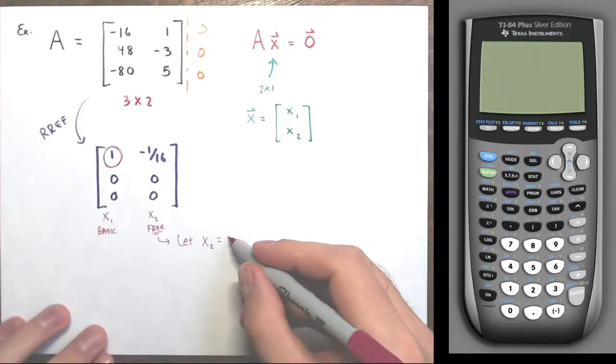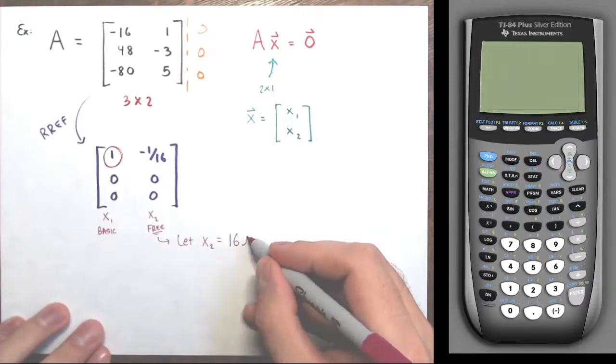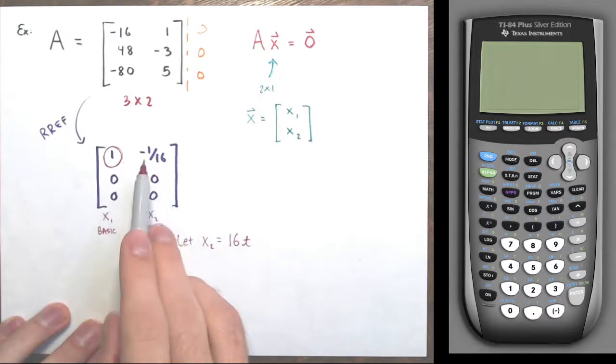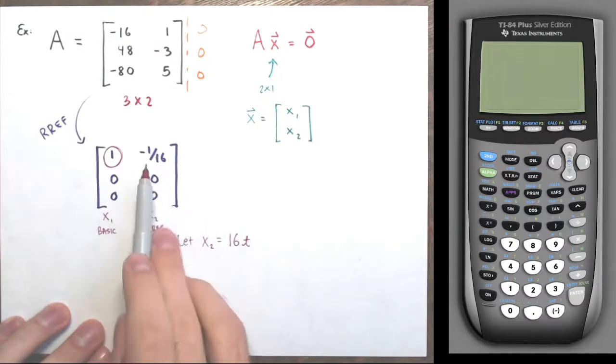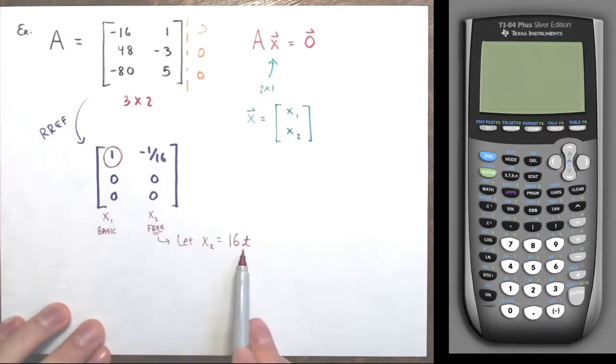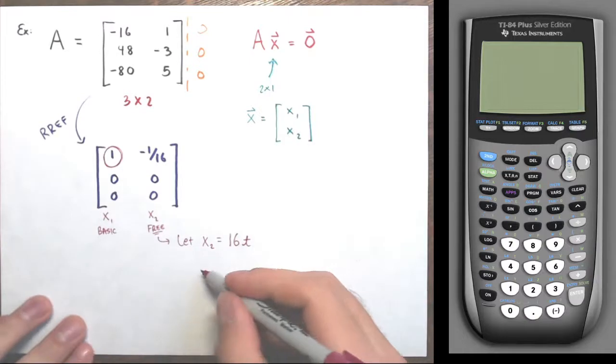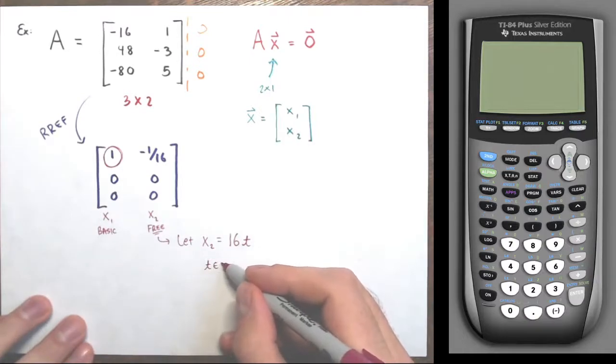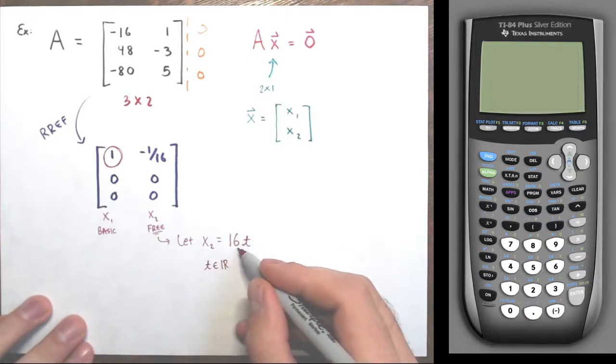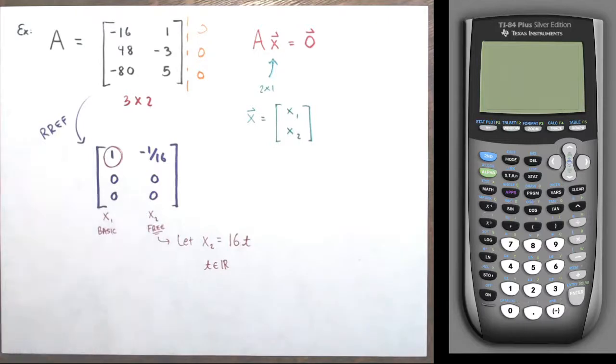I'm going to replace x2 with 16t. And the reason for that is when I take negative 1/16 times x2, that will be negative 1/16 times 16t. The 16s will cancel, I'll have just negative t. That is the reason I'm doing this, and again, t is any real number. 16 times t can be any real number you wish. Just replace t with the appropriate value and you can have that expression represent any real number you want.